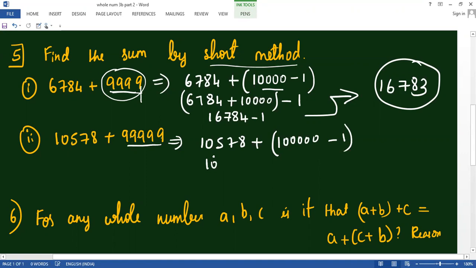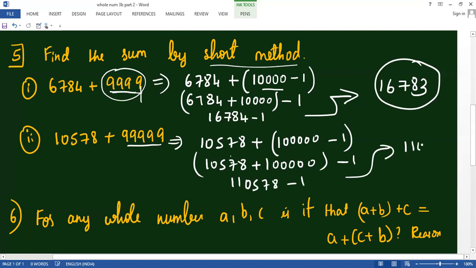So this becomes 10578 plus 1 followed by 5 zeros, minus 1. That is 110578 minus 1. So here the answer will be 110577.